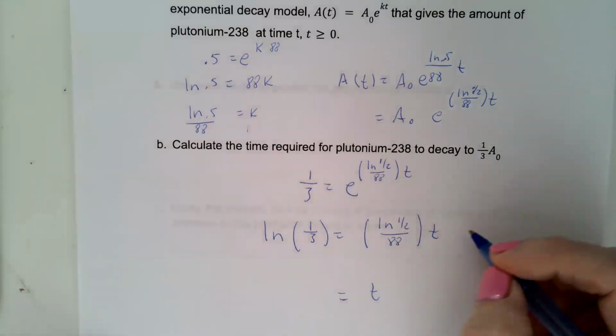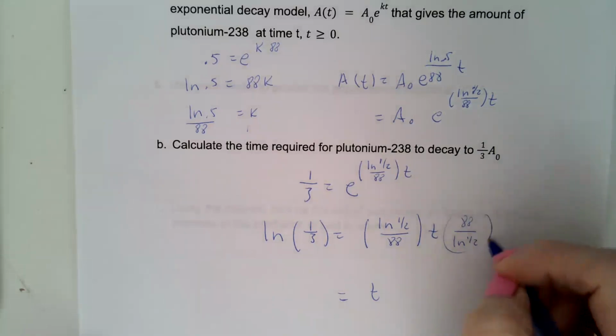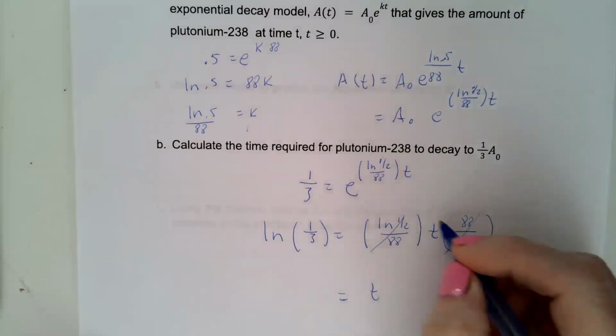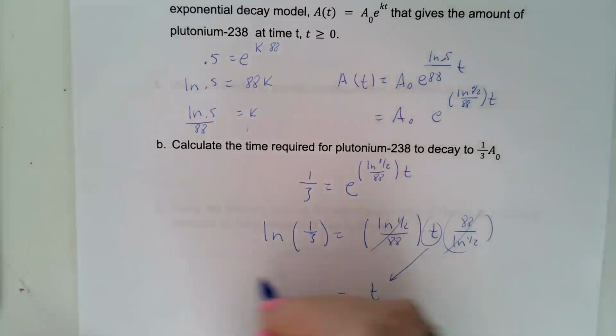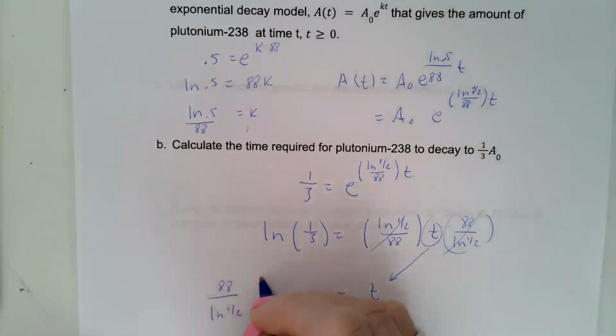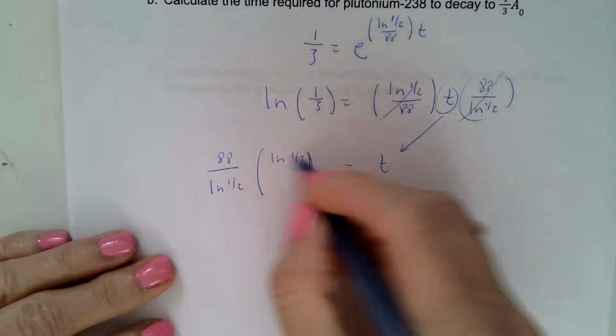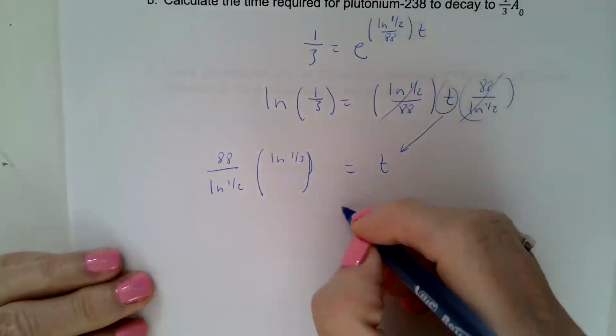And we're going to multiply by the reciprocal to isolate t. So over here, we're going to multiply by the reciprocal as well. It's a big fraction.